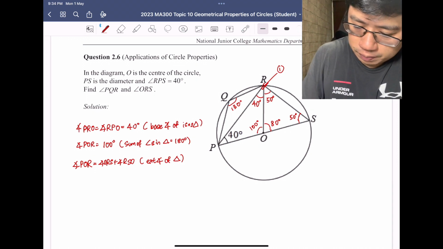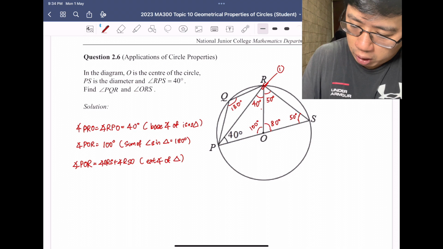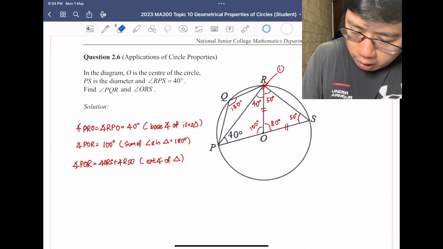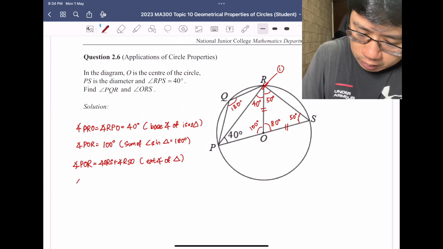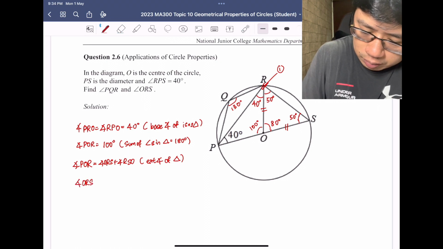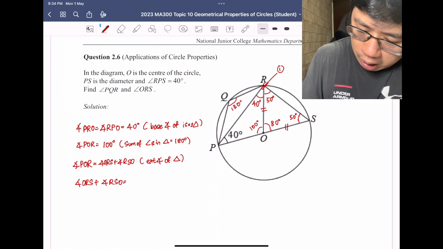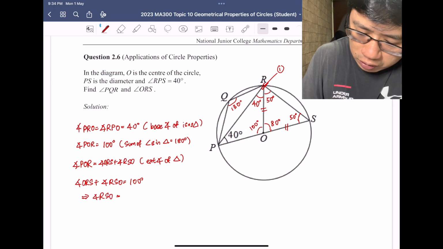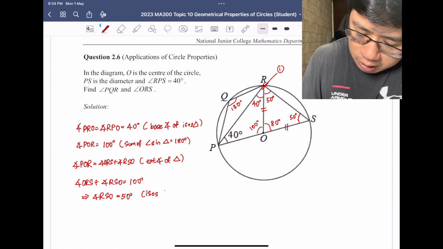And I also know that these two are equal, right? So angle ORS plus angle RSO is equals to 100 degrees. It will tell me that angle RSO is equals to 50 degrees because of isosceles triangle. Okay, base angle of isosceles triangle.